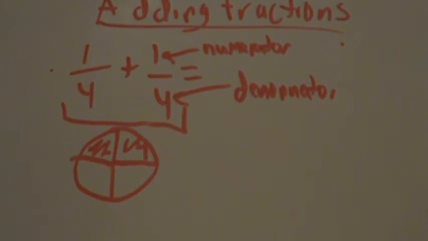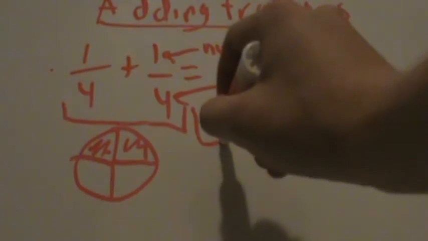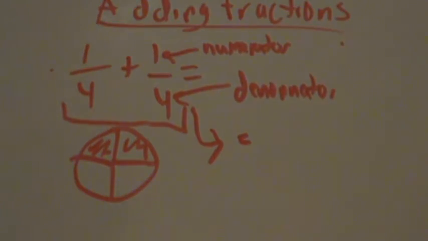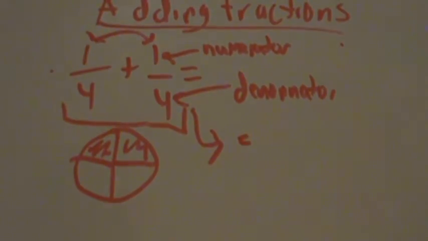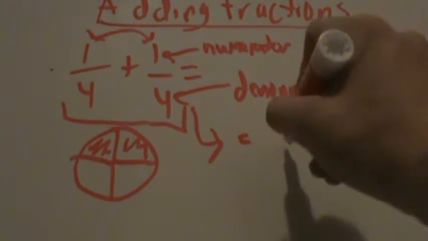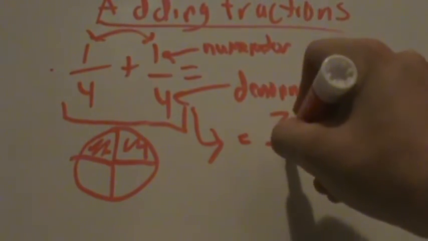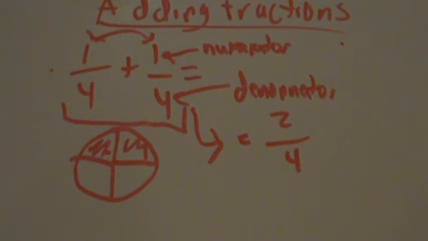So basically, if they have the same denominators, then we can just add their numerators, right? We could just add their numerators. So this is equivalent to 2/4. But now you're asking me, but you just colored in a half of a pie, so how could we have 2/4 of a pie?